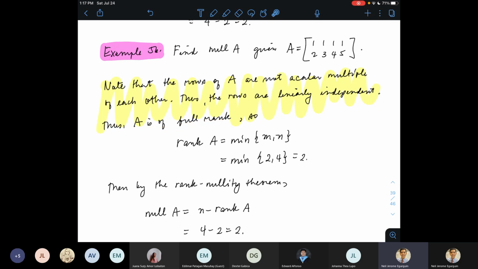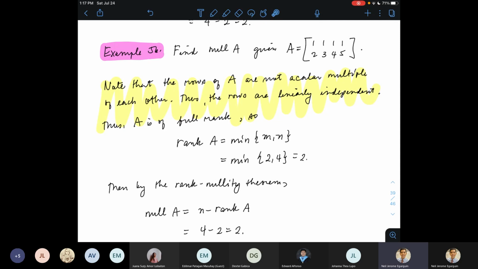All right? So because the rows are linearly independent, then from above, or in case I forgot to put that theorem, I'm going to replace this paragraph with something more natural. So si A ay full rank, at sabi natin pag full rank siya, ibig sabihin ma-attain niya yung pinakamataas na rank, which is the minimum between M and N. There are 2 rows, 4 columns, minimum is 2, so the rank is 2.